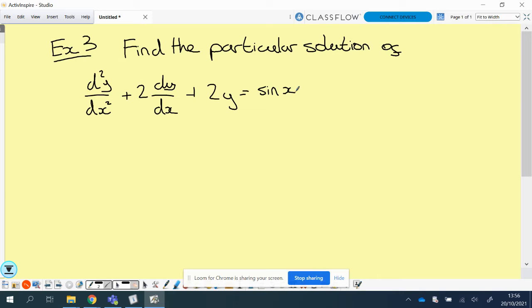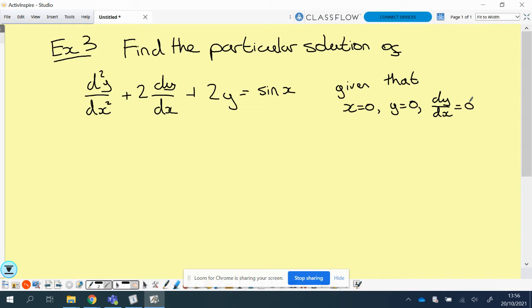Okay, given that x is 0, y is 0, and dy by dx is 0. Okay, so that's our data that we're given, so we'll be able to find every constant that we get.